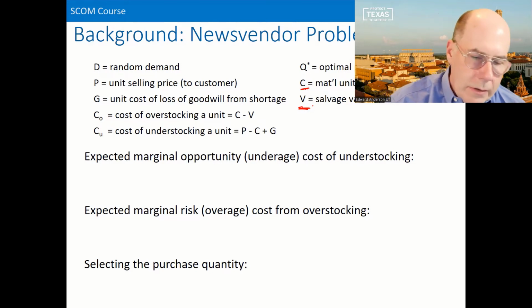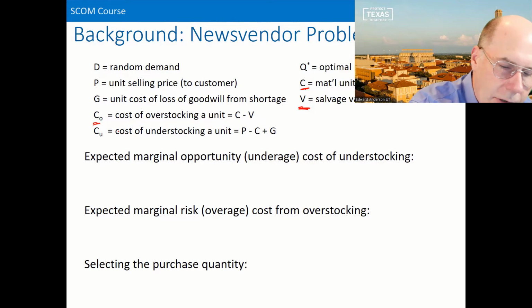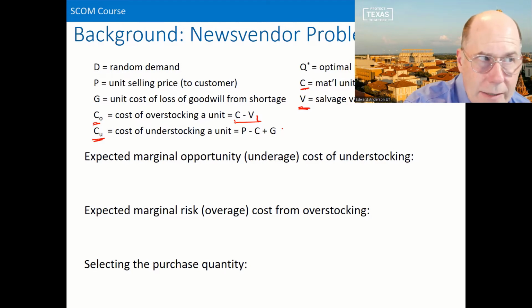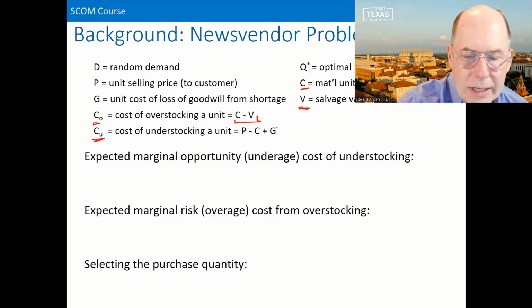And then we define the cost of overstocking a unit and the cost of understocking a unit. The cost of overstocking is C minus V, because that is the cost of buying that product minus what you get from salvaging it at the end.